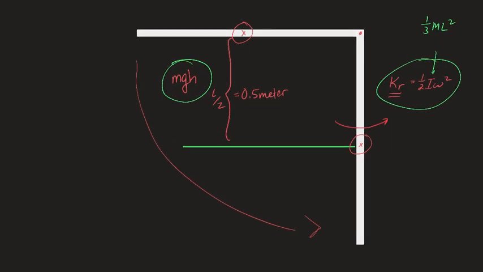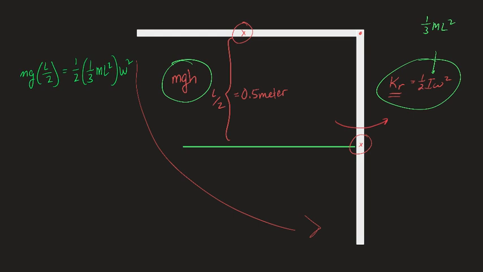So we'll go with mg L over 2 equals 1/2 times 1/3 mL squared times omega squared. All right, that's it. Find omega.